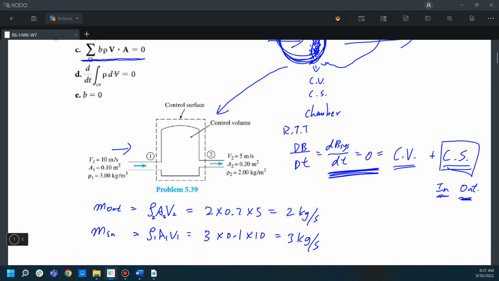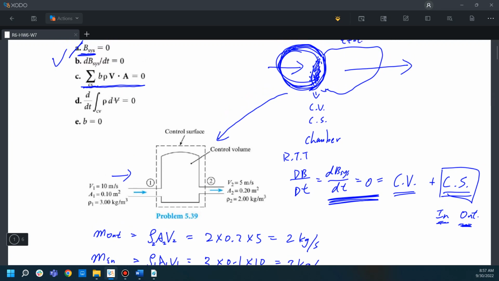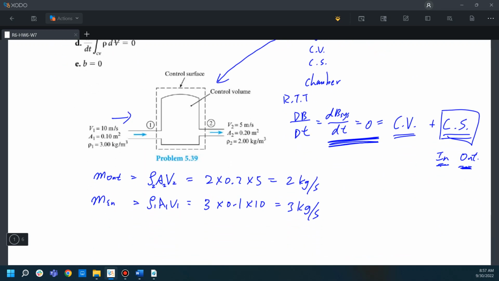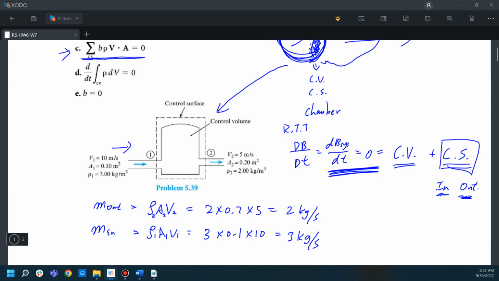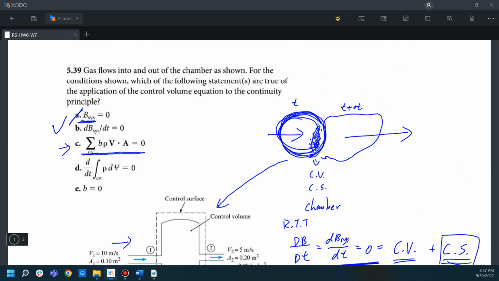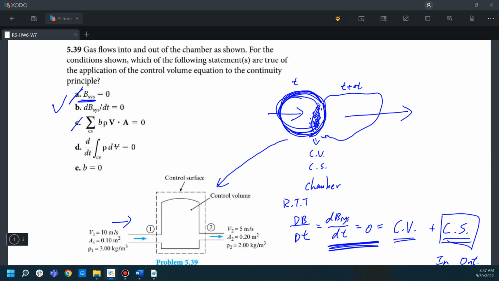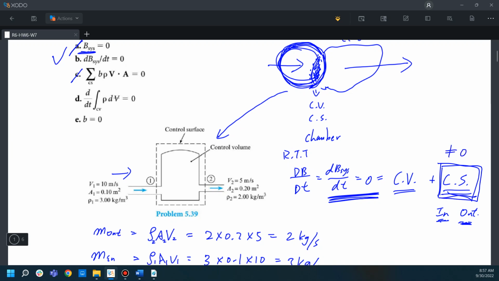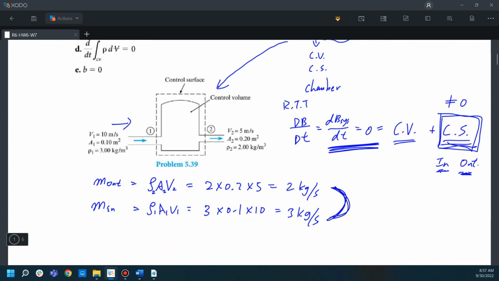So we know that the inflow is not equal to outflow, so this equation is not 0, it is actually equal to -1. So this is not correct. And because this term here is not 0, as we have shown here, right?